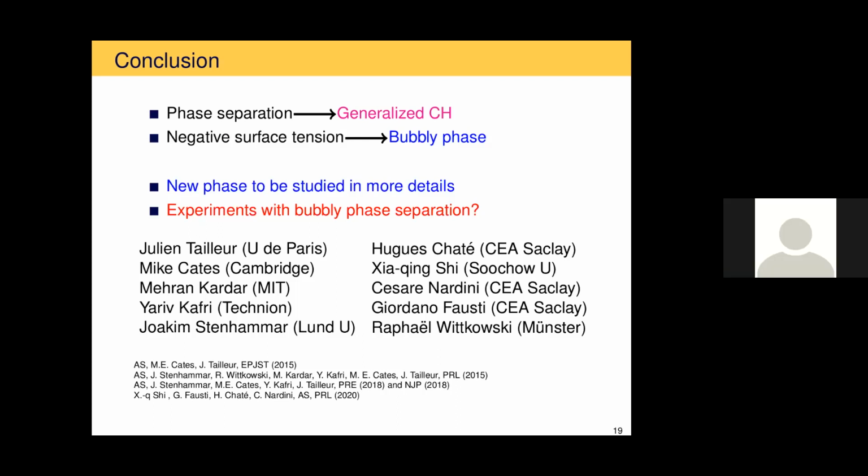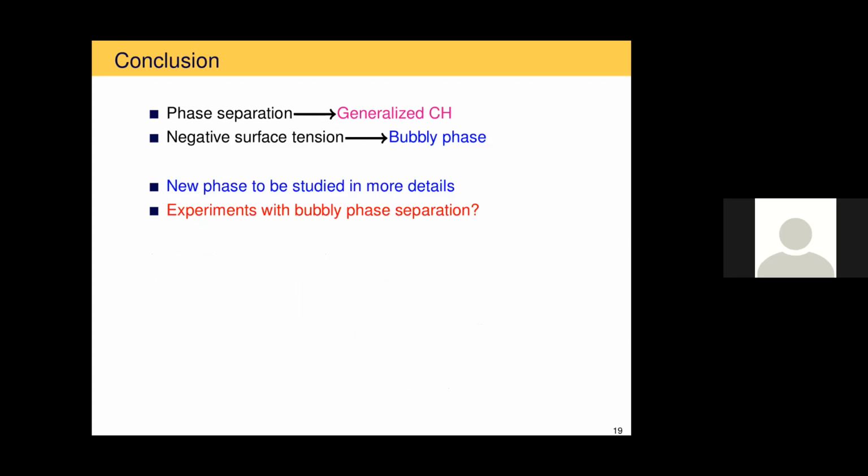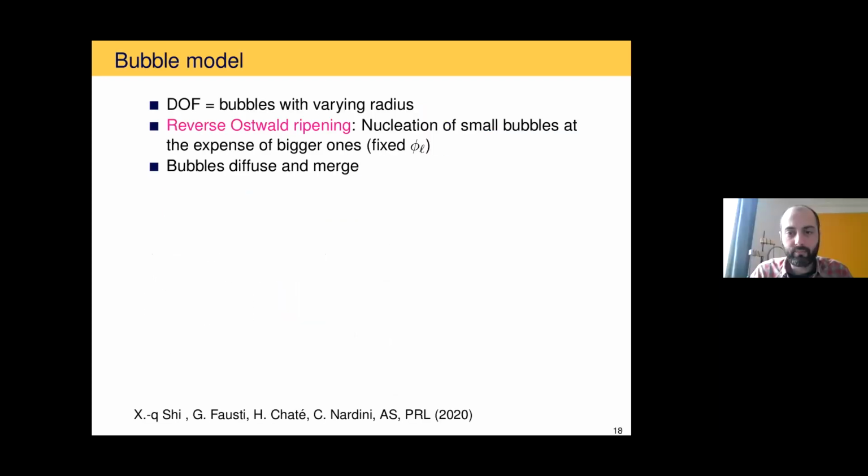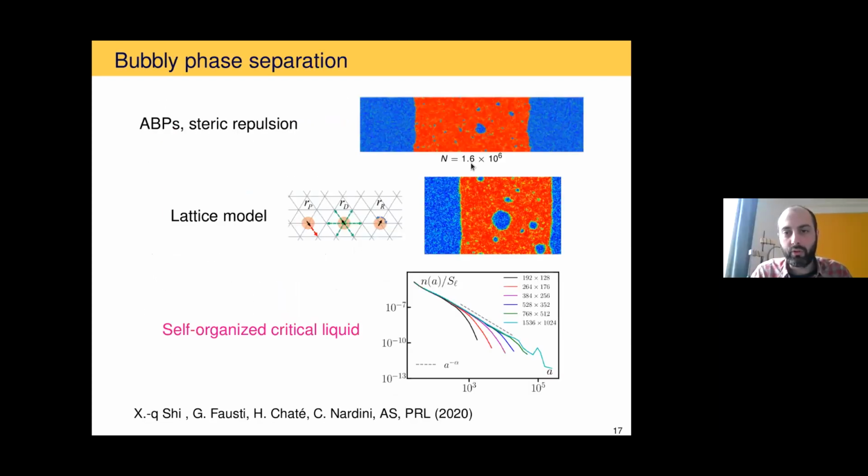Do you have the bubbly phase for all values of activity in your model inside the coexistence? In this model, well, the real answer will be we don't know. But for all the values where we see a clear phase separation, we get these bubbles.